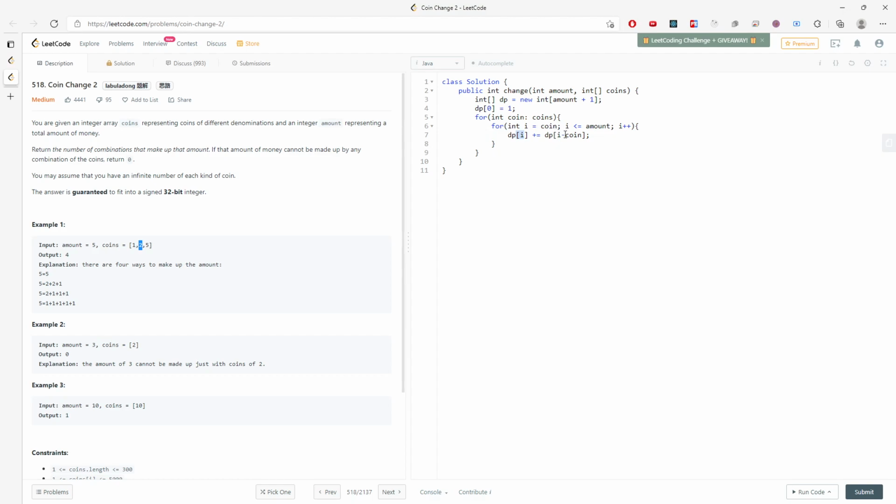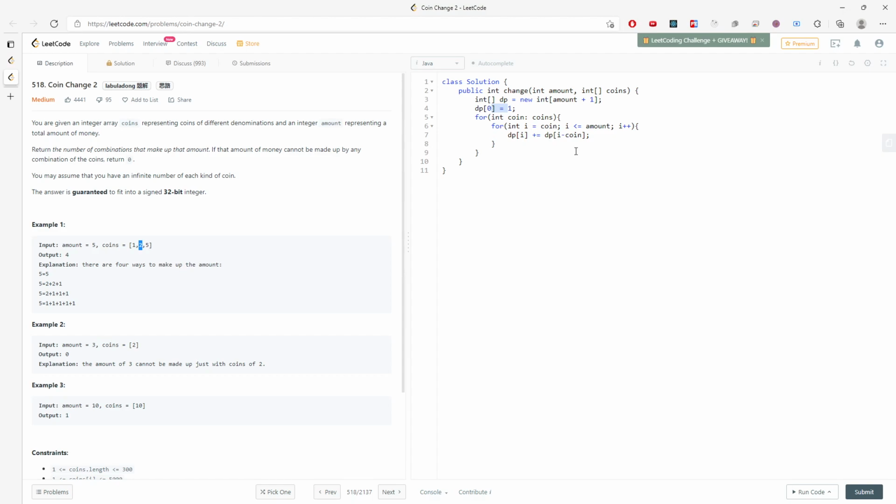Now with coin 2: 2 minus 2 is 0, which is 1, so dp[2] gets 1. This is because you have one way to spend on your coin 2. But how about 1 plus 1? 1 plus 1 is also a solution, right?